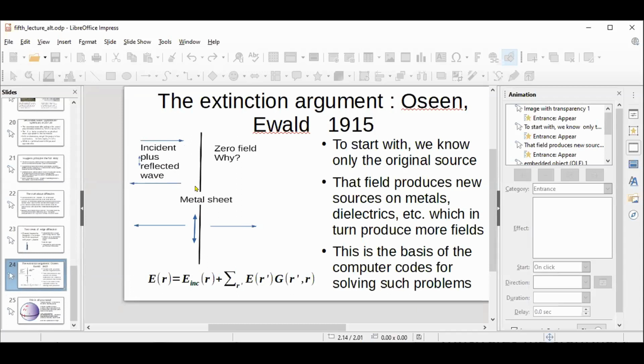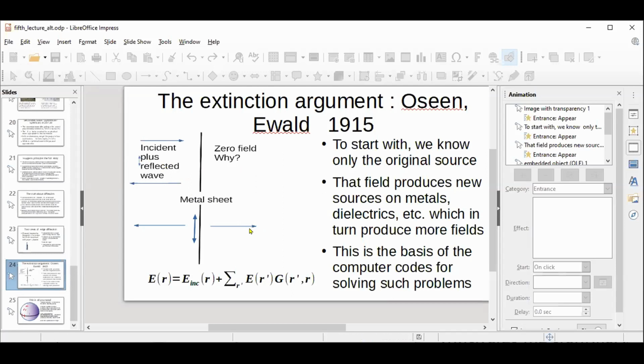You agree? I mean, it's a perfect mirror. Then we have this insight now that the reflected wave is produced by these currents. When you have currents in some plane, there's complete symmetry going in this direction and this direction. So the wave radiated by these currents will have the same strength as the reflected wave. So now we have one wave equal to the reflected wave, and one wave equal to the incident wave, coming from here.